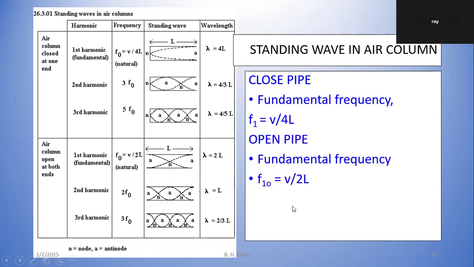And what's the relationship between these two? It came out one year in objective. So you just multiply by 2 here, multiply by 2 here, then you get the answer. So for open pipe, fundamental frequency is double the frequency of closed pipe.